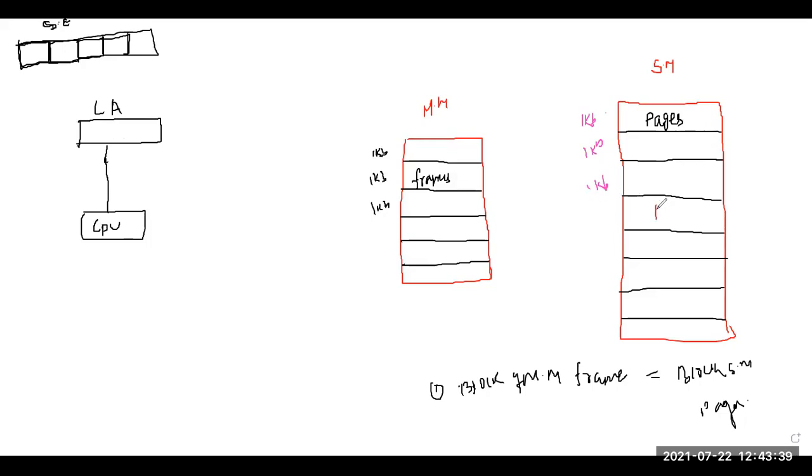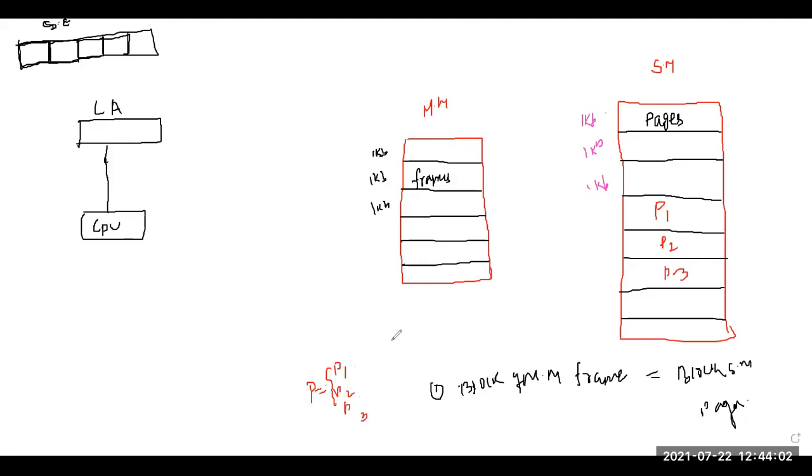Suppose there is a process P which is divided into three parts: P1, P2, and P3.